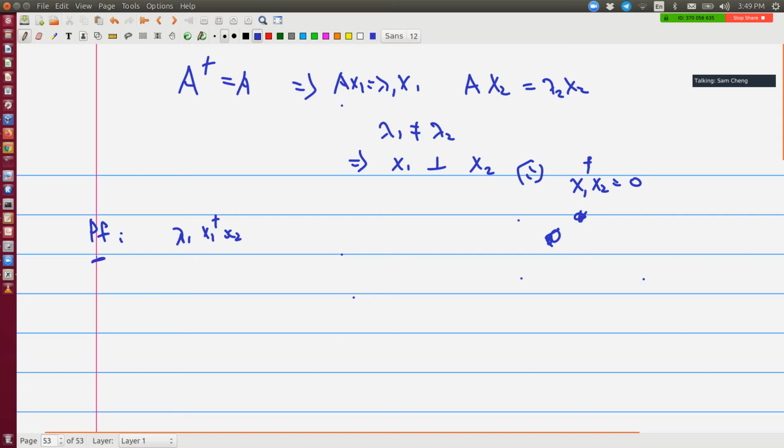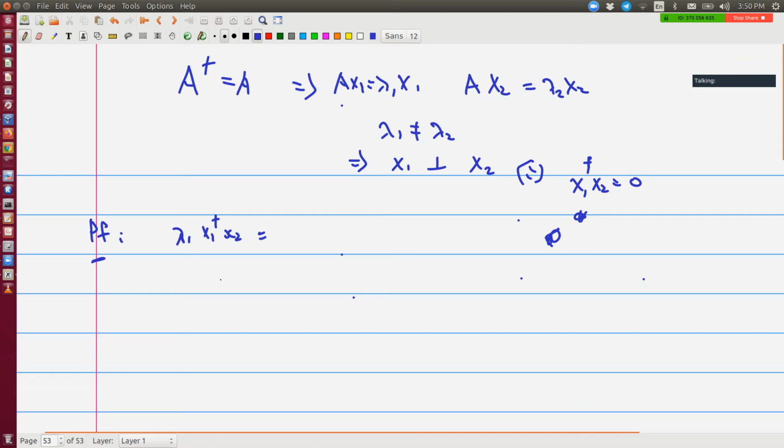We are trying to prove it. It's actually for any x1 and x2. For all the lambda 1 and lambda 2, as long as the eigenvalues are not the same, the corresponding eigenvectors will be orthogonal.